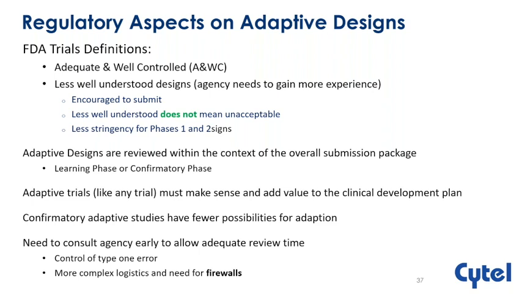There are less well understood designs that the agency needs to gain more experience with. And the types of adaptive dose-finding designs that we're talking about here, except for the two-stage design with the weighted Z methodology, those frequent adaptation type designs like the T-statistic design, the Bayesian 4-parameter logistic design, the NDLM, the maximizing designs are probably less well understood, but that doesn't mean they're unacceptable.